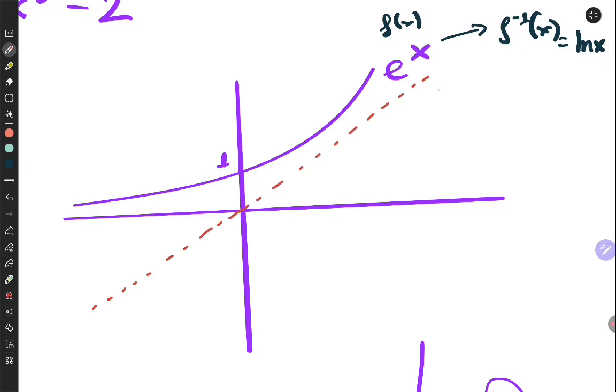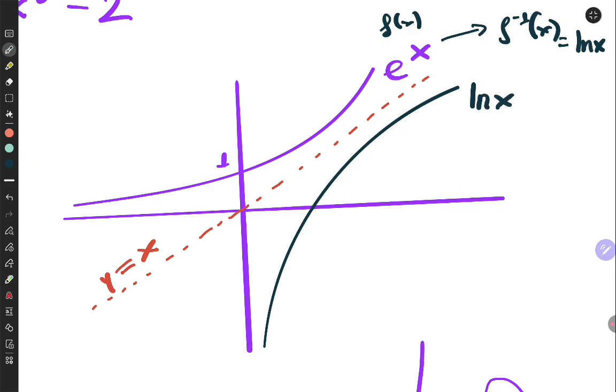Yesterday we drew a few of them. How do you draw an inverse function? You have the original one and just reflect it down here. If you reflect it correctly, this is ln of x.